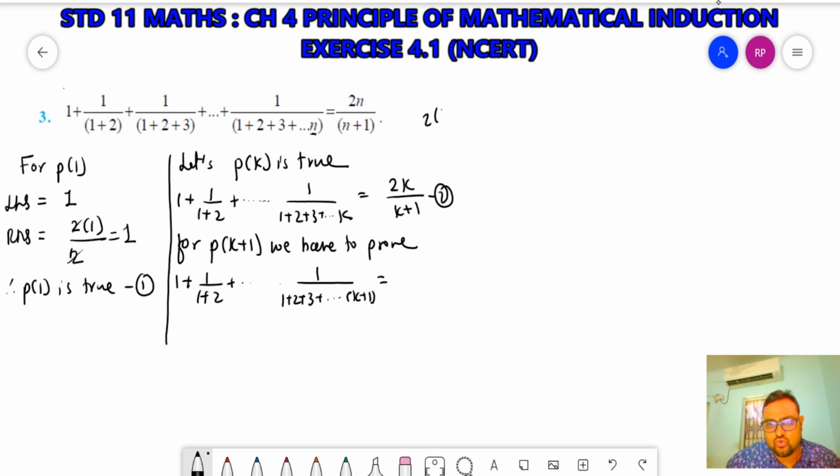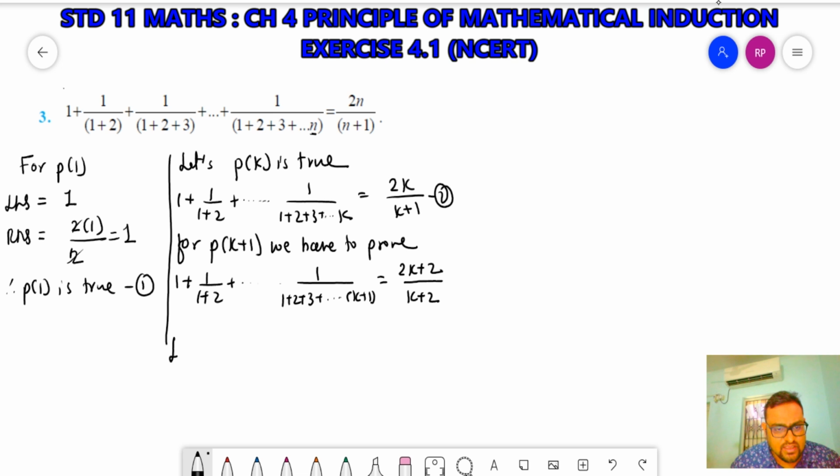So 2 into k plus 1, that will be equal to 2k plus 2, and in denominator it's k plus 1 plus 1, instead of n I am putting k plus 1. So it will be 2k plus 2 upon k plus 2. So I need to prove this.